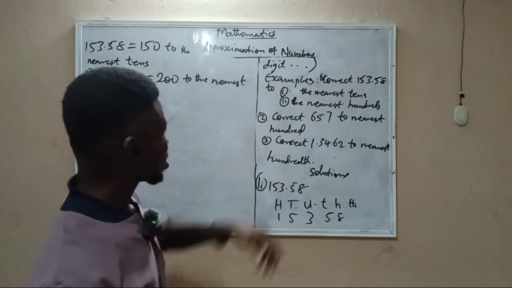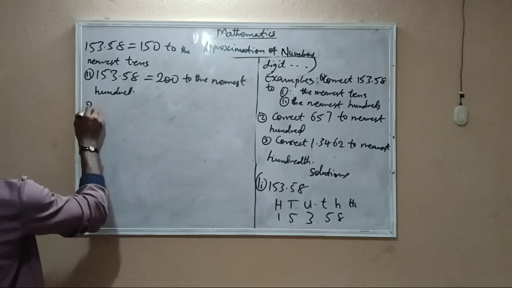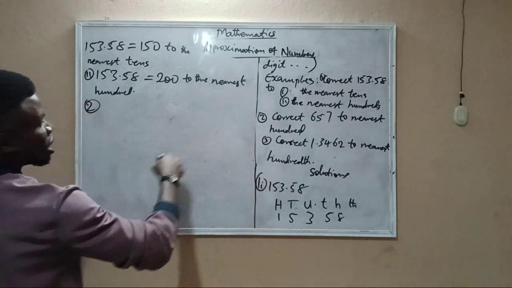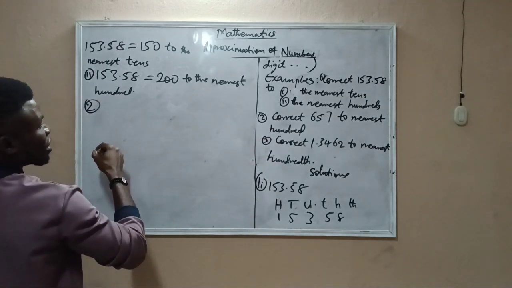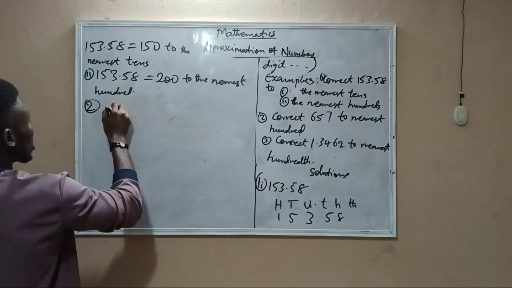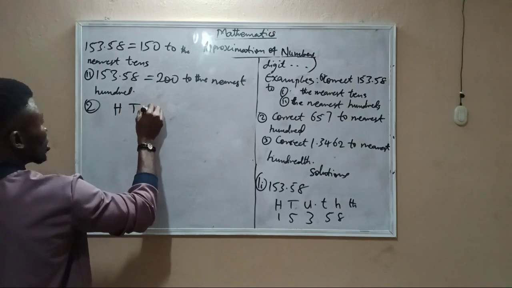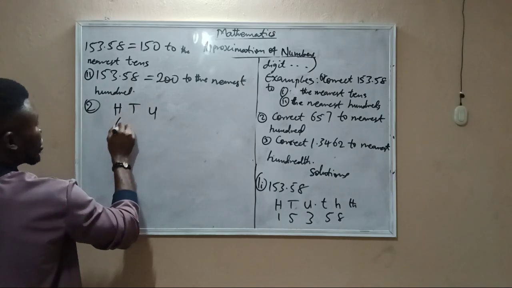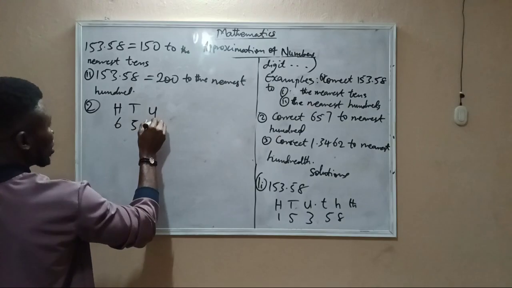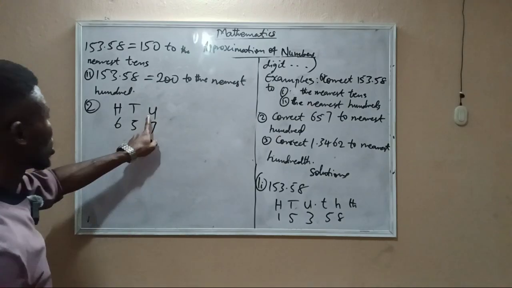Then another one, it says correct, that is number 2. It says correct 657. And of course, we consider hundreds, tens, units. We have 6 under hundreds, 5 under tens, and this 7 under units.